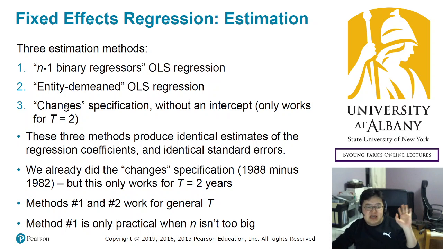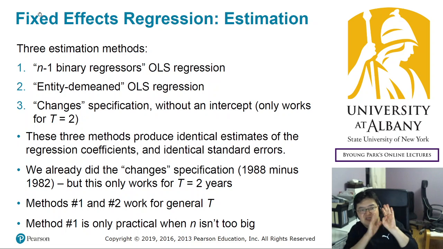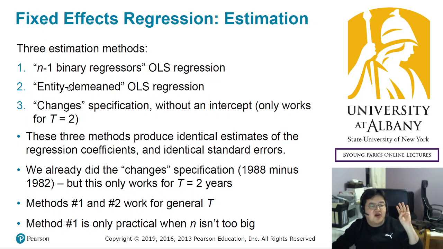First, in the example, we considered the changes approach, like calculating the differences and calculating the changes. That was one possible way, and another approach is using dummy variables, the n-1 binary dummy variables method. And number three is entity demeaned. I'm going to explain these three methods.